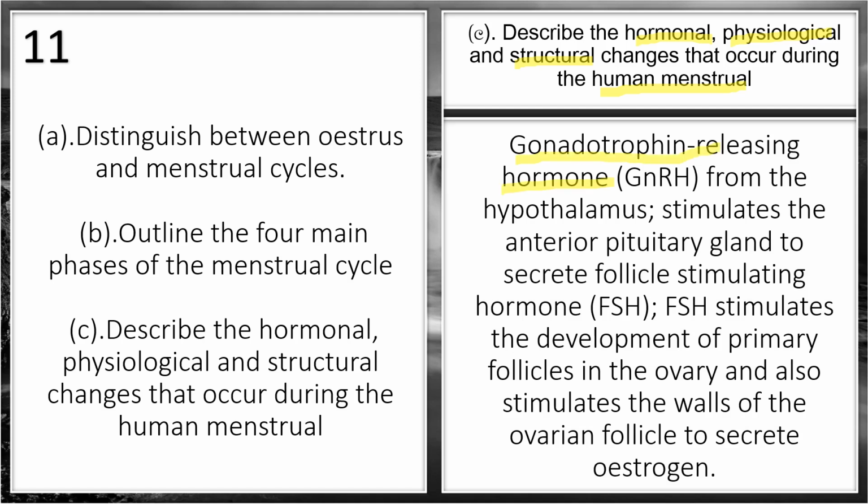Gonadotrophin-releasing hormone from the hypothalamus stimulates the anterior pituitary gland to secrete the follicle-stimulating hormone. The follicle-stimulating hormone stimulates the development of the primary follicles in the ovary and also stimulates the walls of the ovarian follicles to secrete oestrogen.